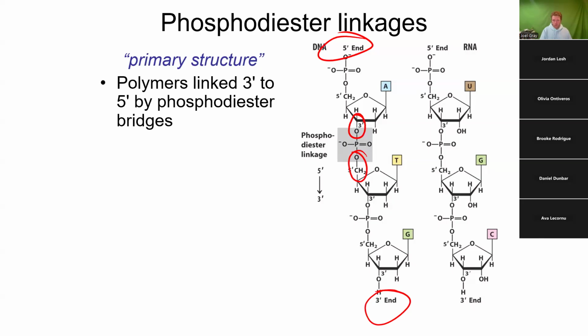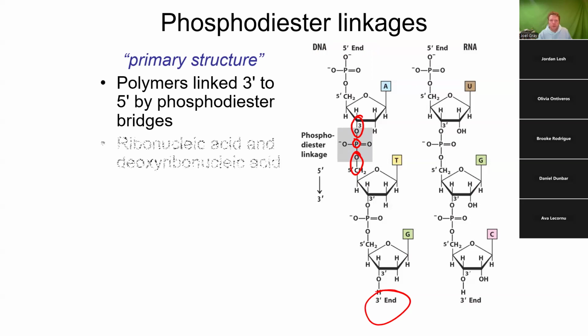This type of linkage right here is known as a phosphodiester linkage. I always like to deconstruct that and say, okay, what's at the heart there? Phos, okay, phosphorus; diester, one ester, two esters. Done. We've got a phosphodiester linkage. Now, ribonucleic acid and deoxyribonucleic acid are the two terms that we use to describe these large polymer molecules.